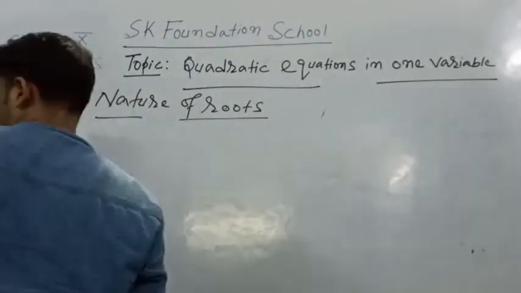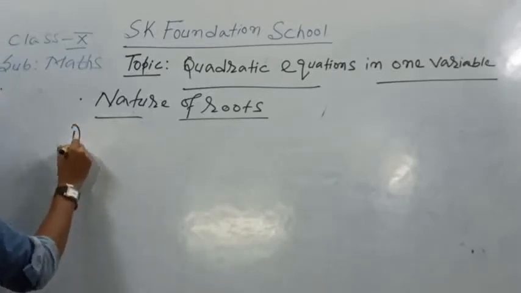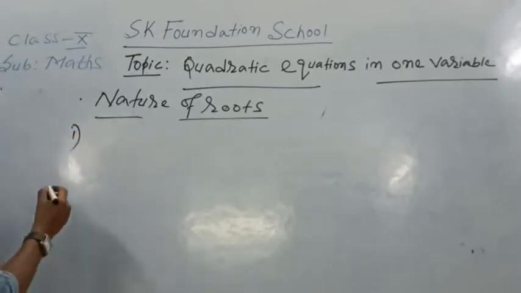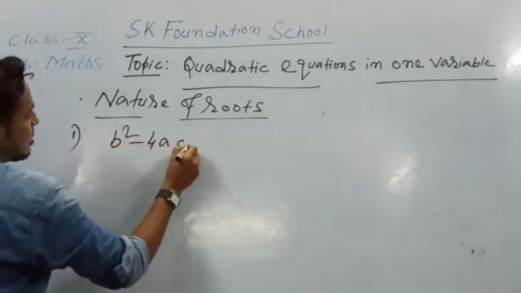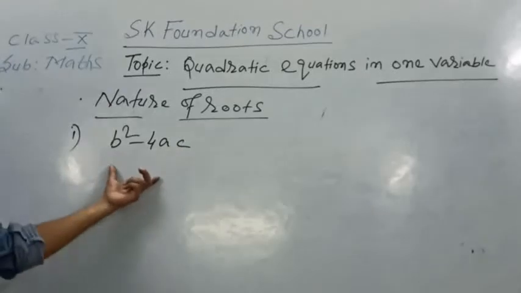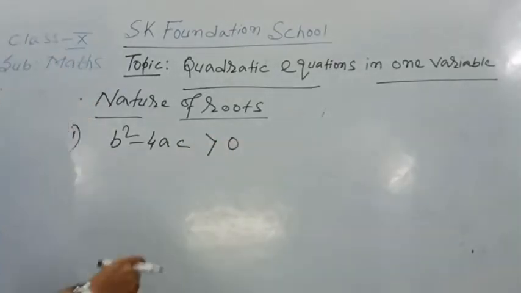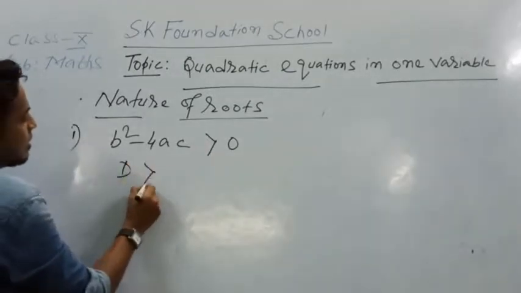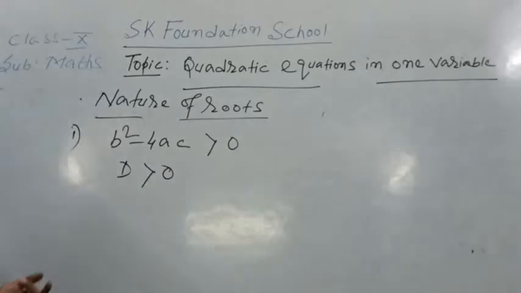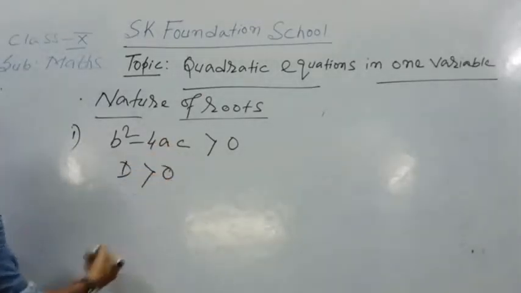First, condition number 1: if the value of b square minus 4ac is greater than 0, or we can say D greater than 0. It has the same meaning, because b square minus 4ac means the discriminant.